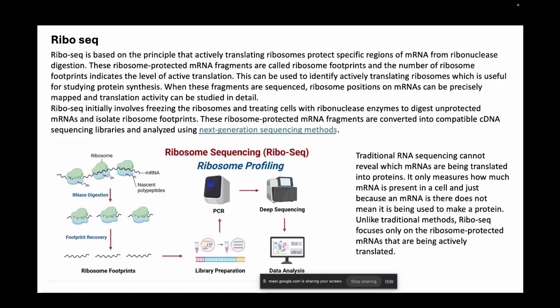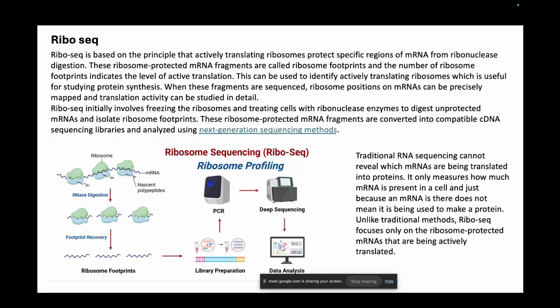RiboSeq initially involves freezing the ribosomes and treating the cells with ribonuclease enzymes to digest unprotected mRNAs and isolate ribosome footprints. These ribosome-protected mRNA fragments are then converted into, again, cDNA libraries and analyzed using Illumina technology or some other next generation technology, right?